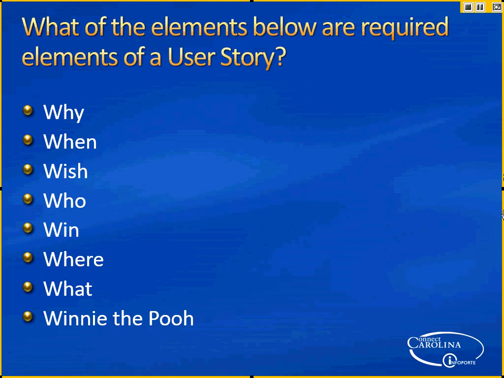Now, which of those elements are required elements of a user story? What has to be covered? Who, why, and what are the three. Who, what, and why. That's correct.